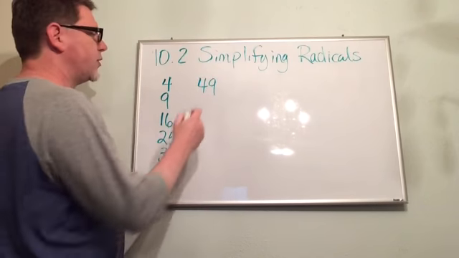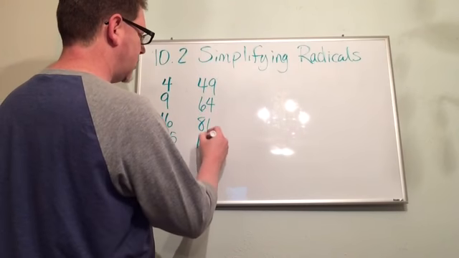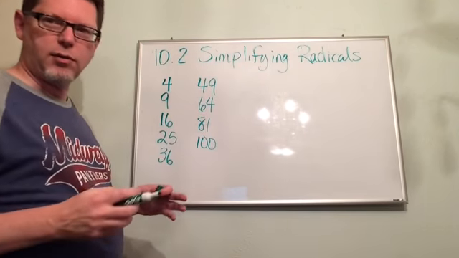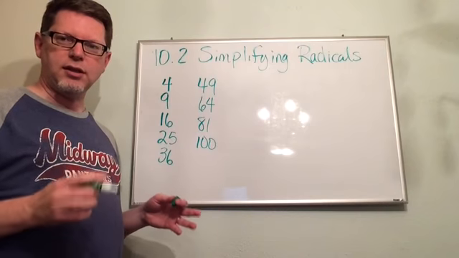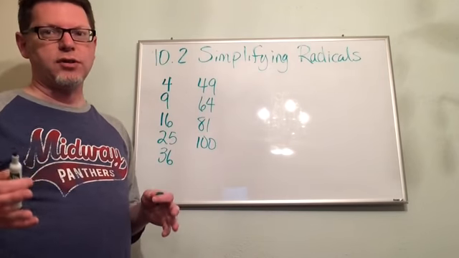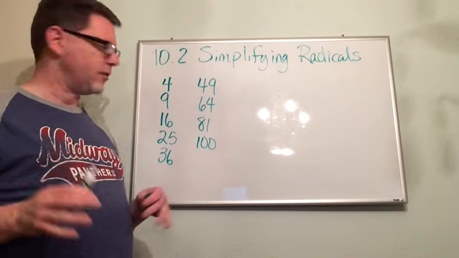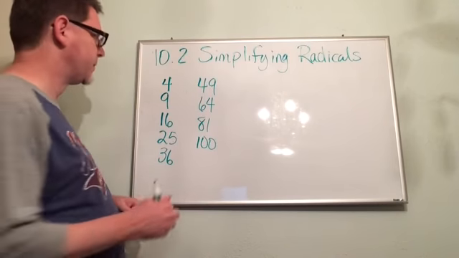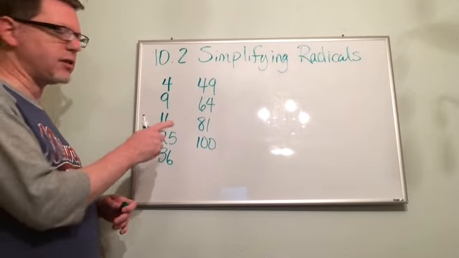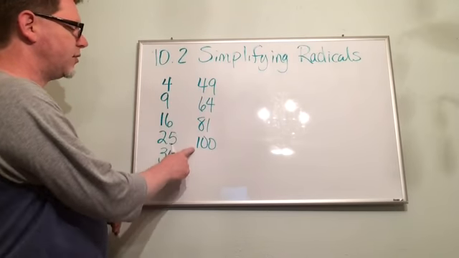And then after 49 we have 64, 81, and 100. We could keep going, but those are the ones that you absolutely need to know. After 100, it's important to know all the ones up to 25, but we'll just stop right there for today's purposes. So the perfect squares are 4, 9, 16, 25, 36, 49, 64, 81, and 100.